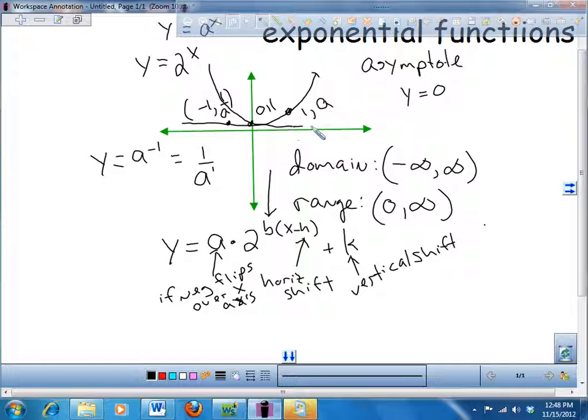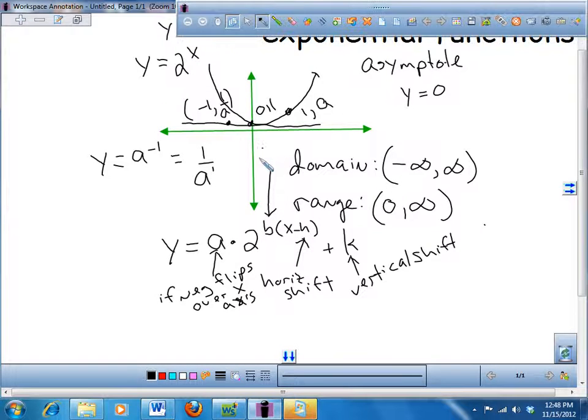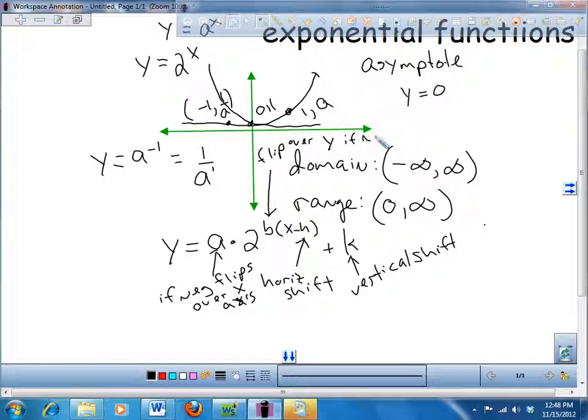And it could also stretch it if it's a number bigger than 1, and it would make it go steeper faster. But it can also flip over y if negative. That's enough. We're not going to get too overly complicated. Flip over y if negative.